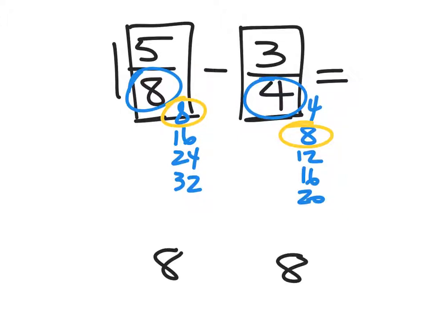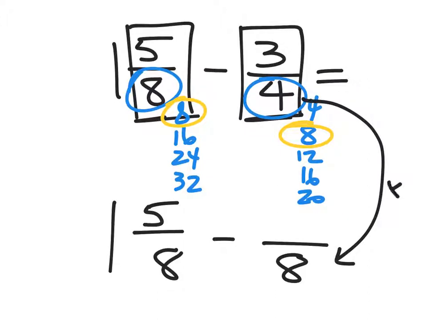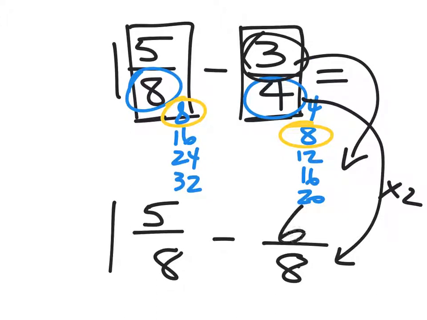That's my common denominator. So I have 1 and 5/8 minus, how did 4 become 8? Times 2. So 4 times 2 made 8. So 3 times 2 makes 6. I've rewritten my problem as 1 and 5/8 minus 6/8.